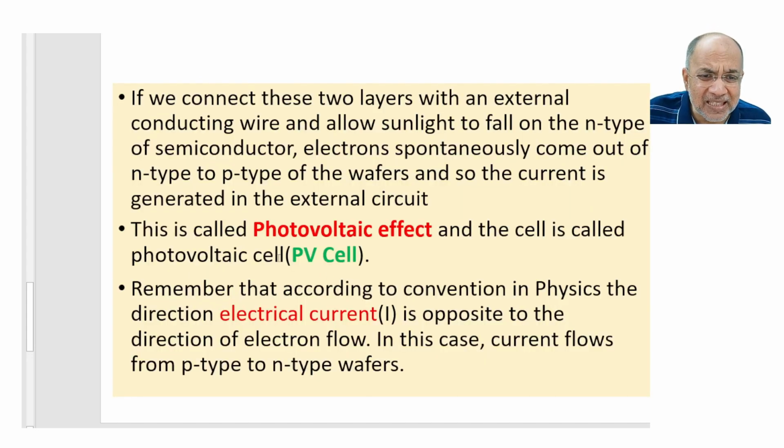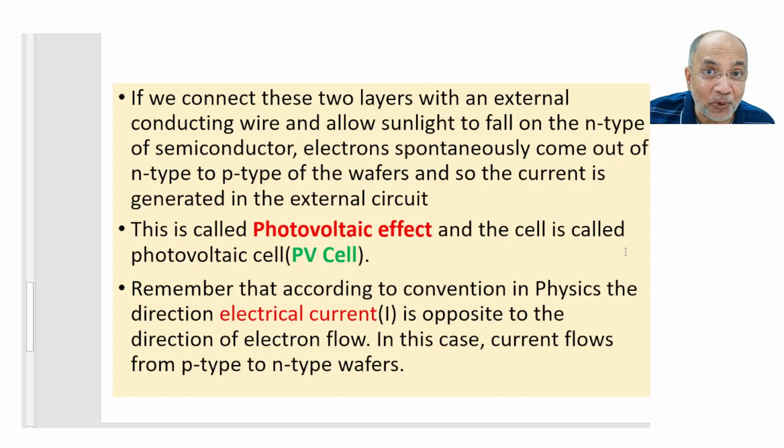Now, this effect is called the photovoltaic effect. The energy present in the light photons, UV and visible light photons. You know, the basic unit of energy in electromagnetic radiation is called a photon. That energy in the UV and visible light present in the sunlight is capable enough to dislodge, to extract one outermost electron, one immobile electron, not a free electron, from the silicon atom, and generate current.